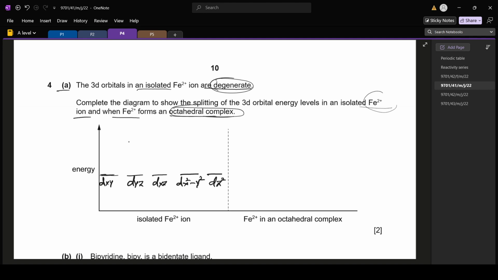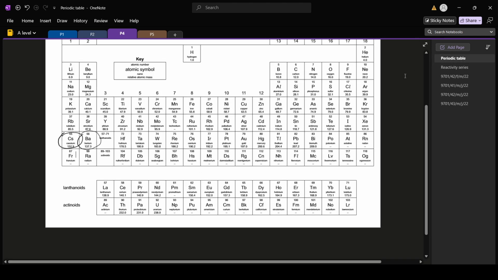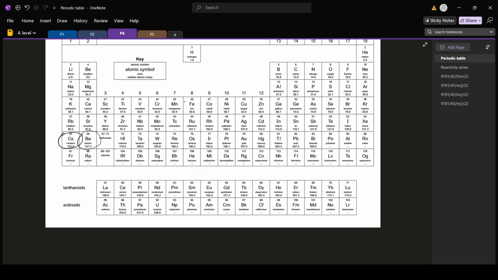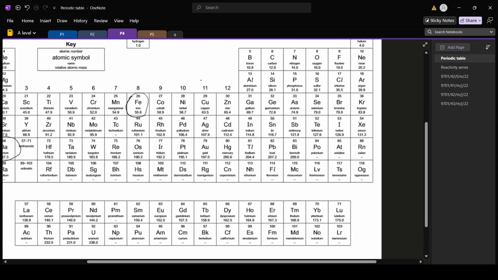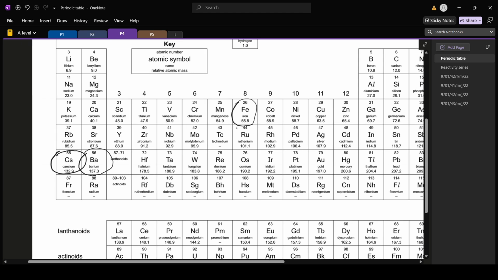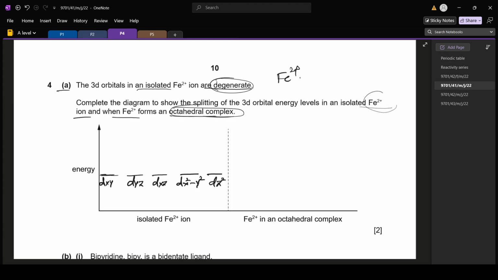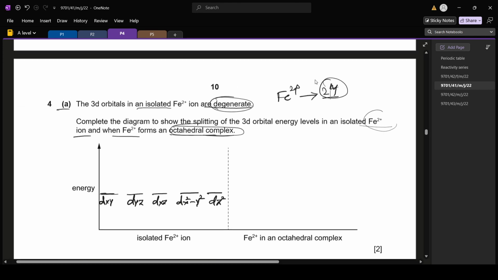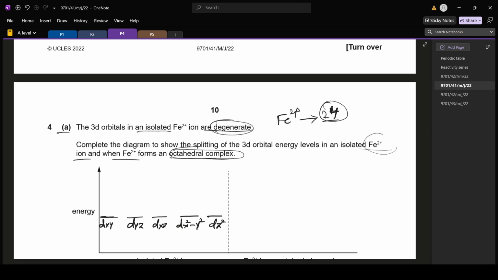And how many electrons are there in Fe2+? If you see from the periodic table, iron has 26 protons. So this is an iron 2+ ion, so it will have 24 electrons. 2 electrons are lost.